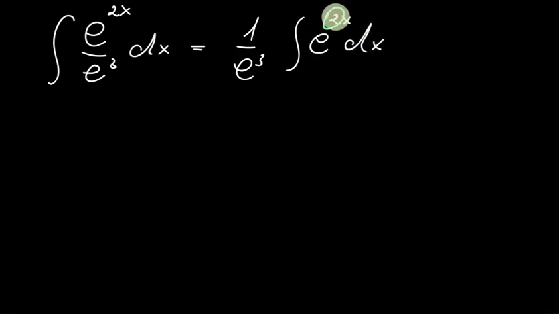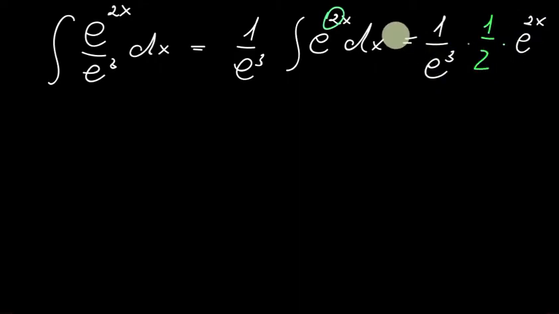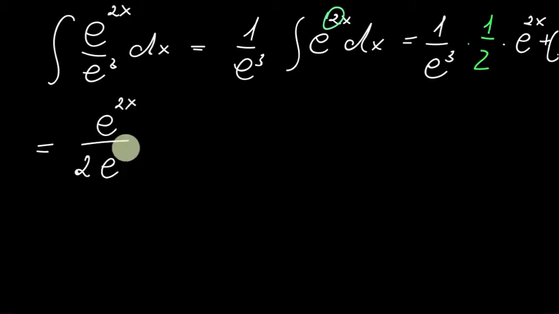We have a constant here that we can't take before our integral, so we write 1 over e cubed times 1 over 2 times e to the power of 2x, because an integral of e to the power of x is e to the power of x, plus a constant. So this is equal to e to the power of 2x divided by 2e cubed plus c.